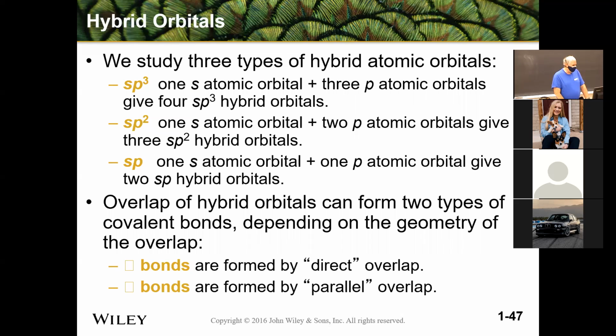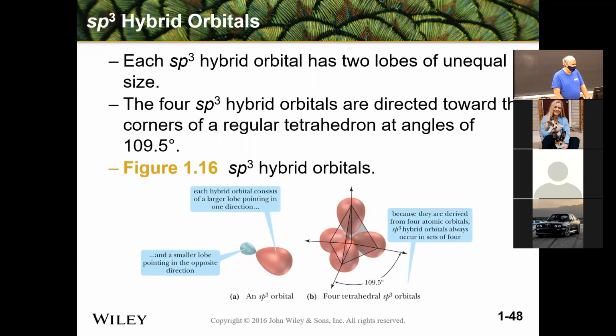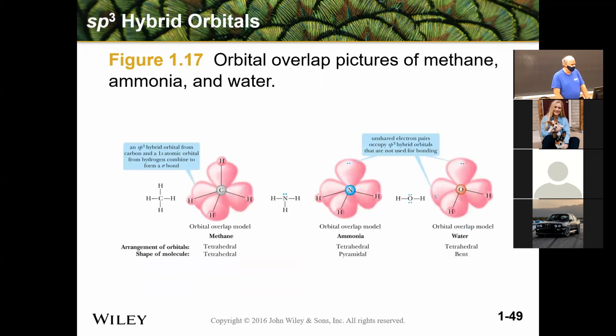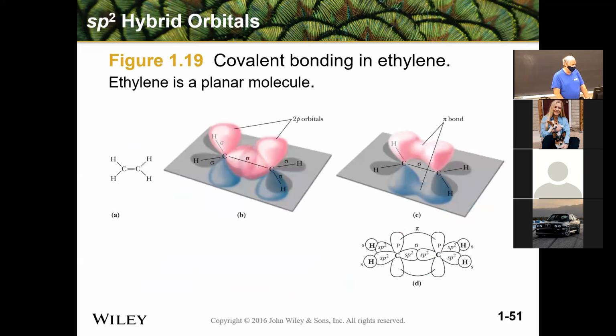Okay, the 2 main kinds of bonds that we're talking about in this course are sigma and pi bonds. Sigma bonds result from direct head-on overlap. Okay, that's what we have between the 2 carbons. And then pi bonds result from side-to-side overlap.